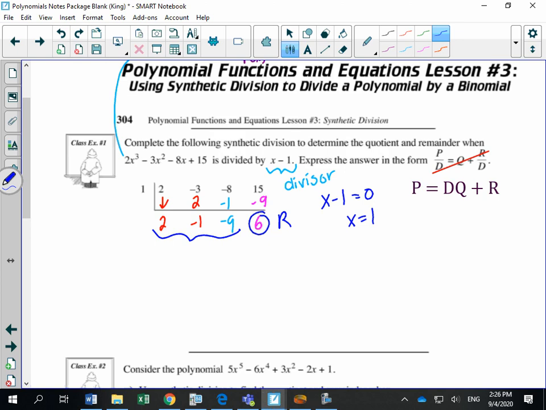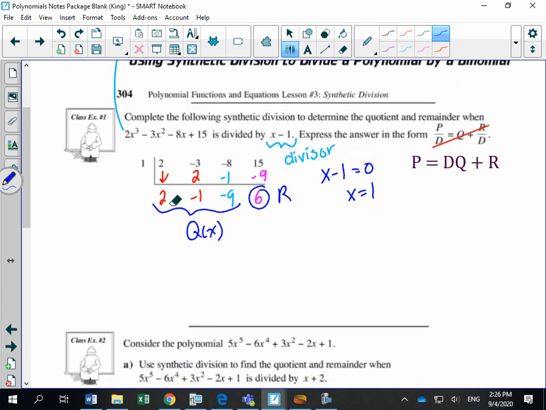These numbers here, all of the numbers in front of the last number, represent the coefficients of your quotient. And I'm going to just call my quotient Q of x, okay? So how do I write Q of x? Here's how we do this. For my original polynomial, you have to look at what degree it was.